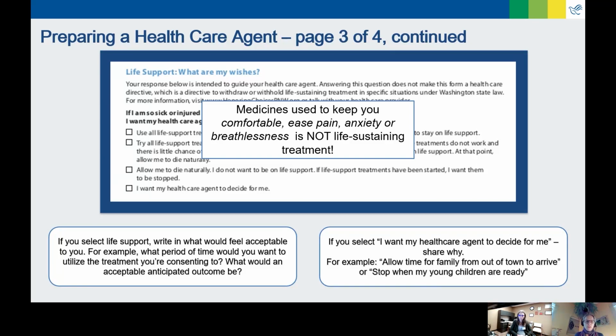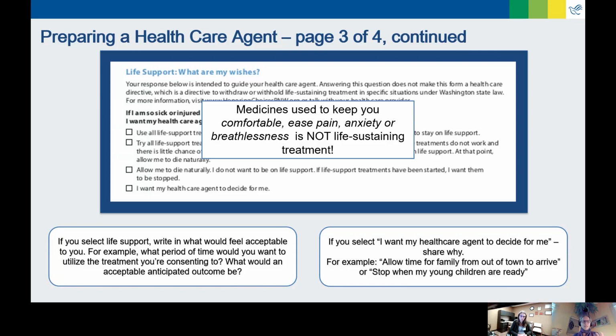If we go down to the third choice on the document, it says, allow me to die naturally. I don't want to be on any life support if I'm in one of those two scenarios. And if life support has already been started for some reason, I want it to be stopped immediately and be allowed to die a natural death. And then the fourth box is I want my healthcare agent to decide for me.